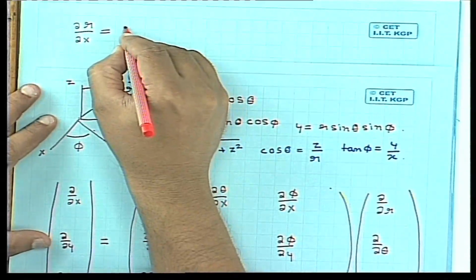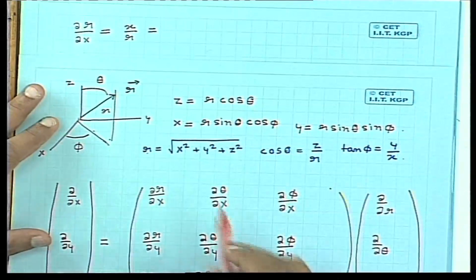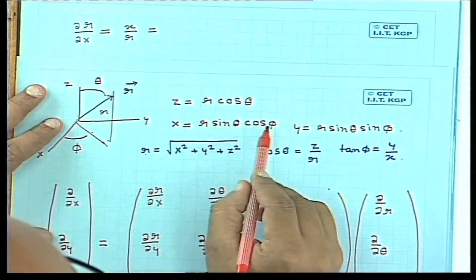So this is equal to x by r, which is just equal to sin theta cos phi.